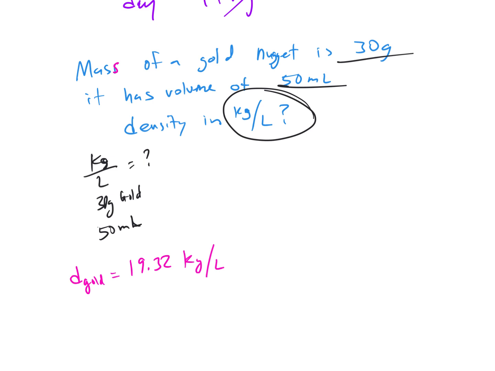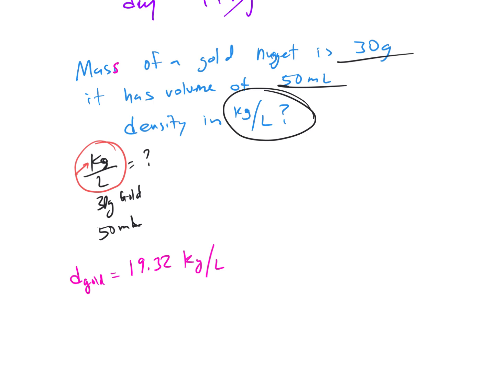All right. I'm looking for this. Kilograms goes where? On the numerator or the denominator? Goes on top, on the numerator. Do y'all see that? What's the closest thing that we have to kilograms? Grams. Right?